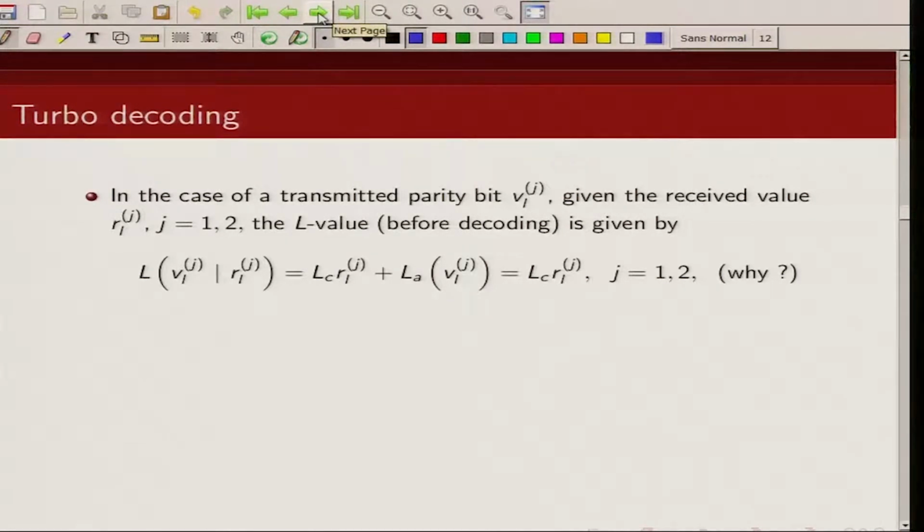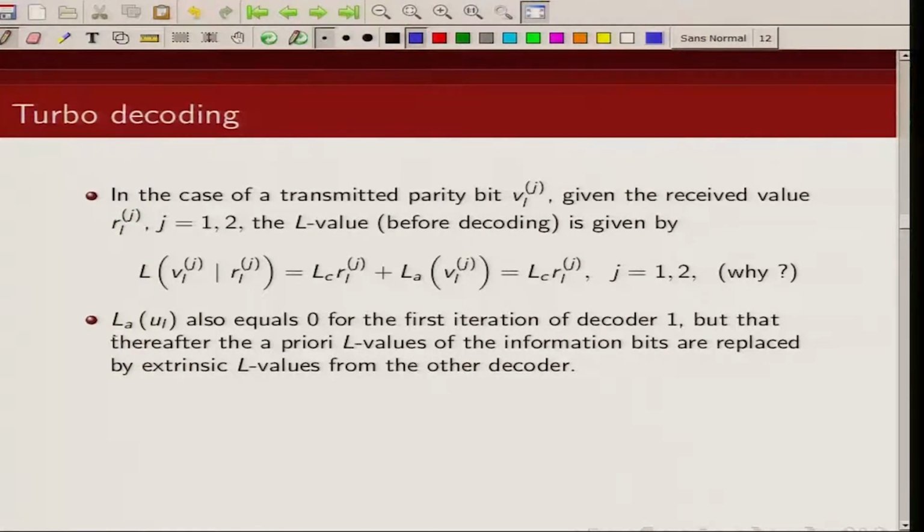Now, in case of a transmitted parity bit, we do not have any a priori knowledge. So, in those cases this will be just LC RL1 or RL2, depending on whether we are considering parity bit 1 or parity bit 2.